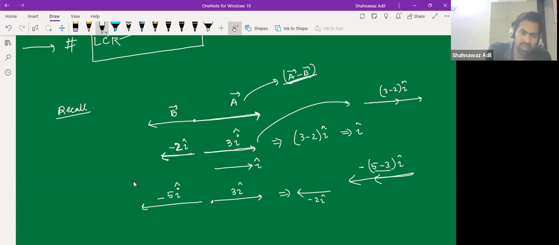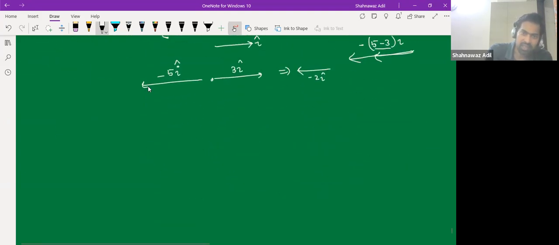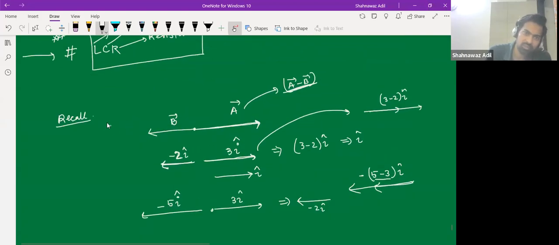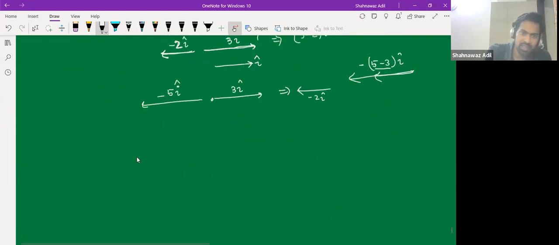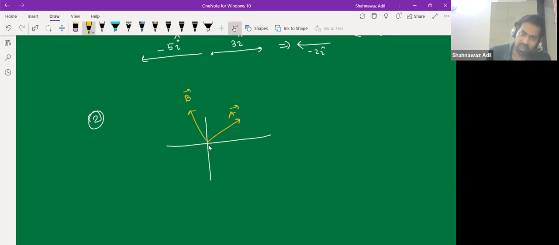So similarly, we have to remember this. This was the first thing that we should remember. And the second thing is that, let's say I have this vector A, I have this vector B, and I have, let's say, this vector.